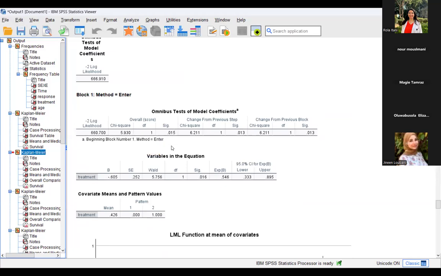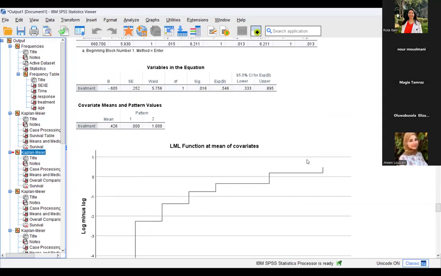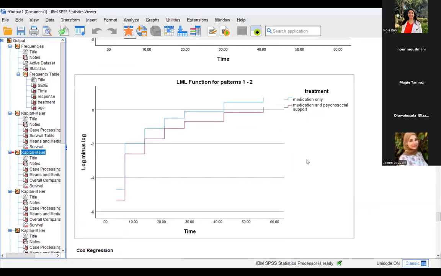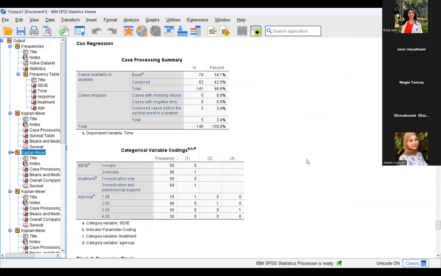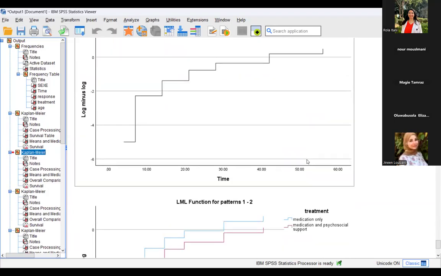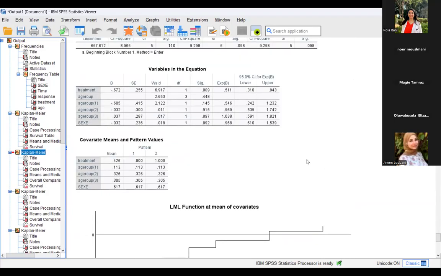The other variables, age and gender, did not add anything to the model. The assumption of proportionality was not violated, and at the end we did multiple Cox regression. Cox regression is again for survival analysis. Any questions?